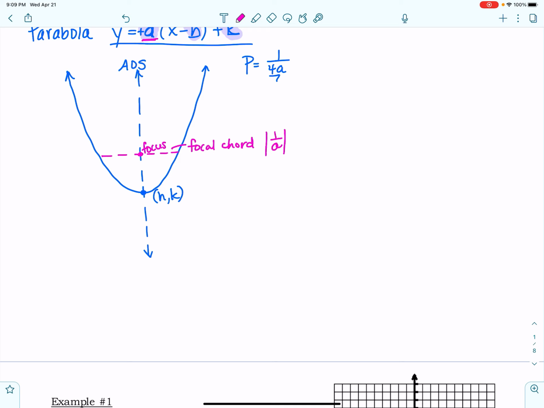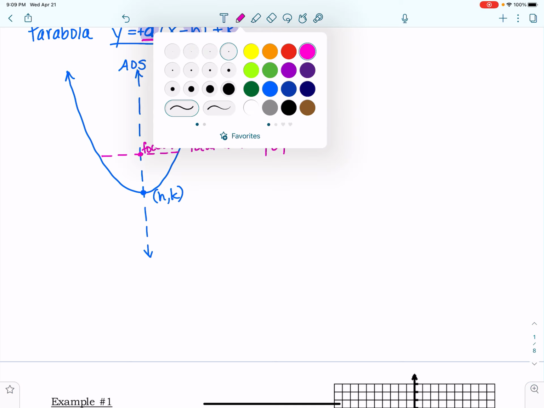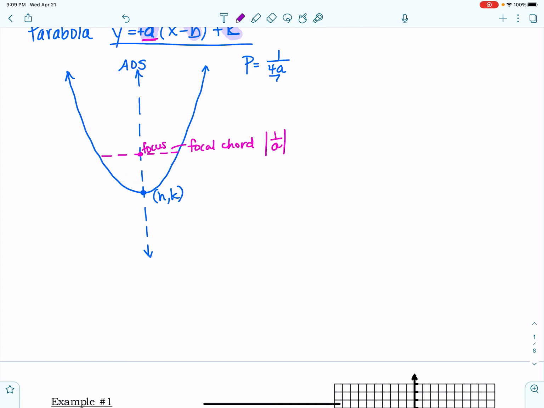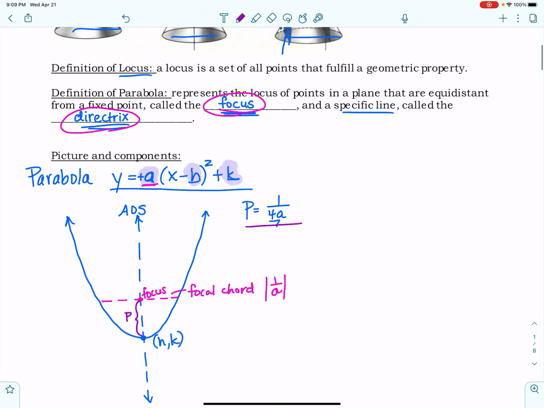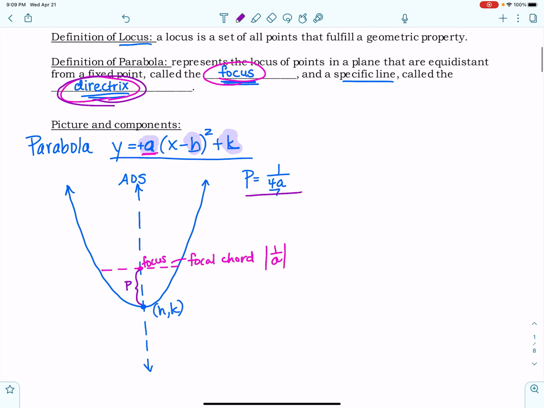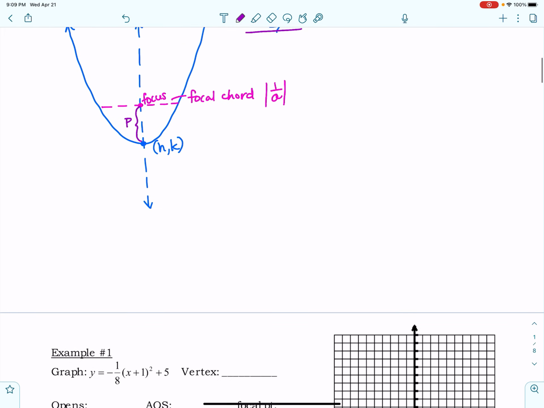Now, the distance from the focus to the vertex, that is p, this value right here, okay? Now, the other value, the directrix, this line, is also going to be part of our graph, and guess how far below the vertex this will be? It is going to be p as well.